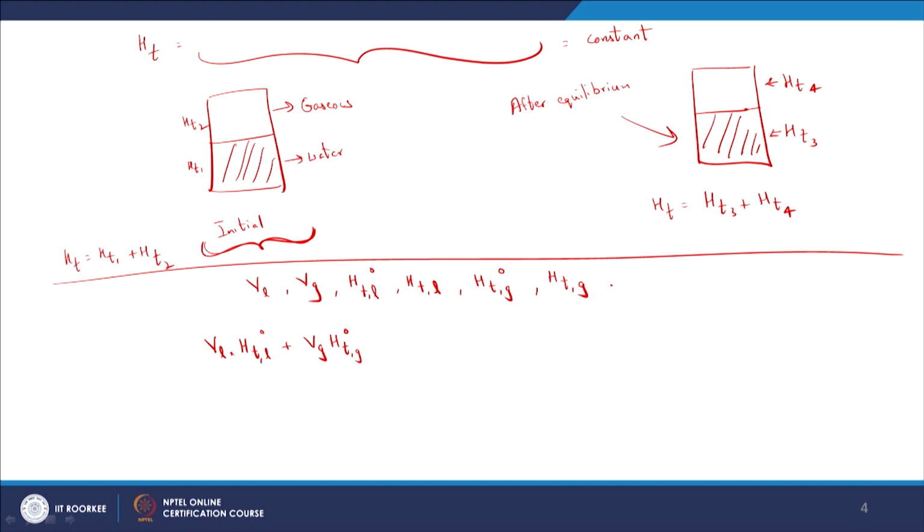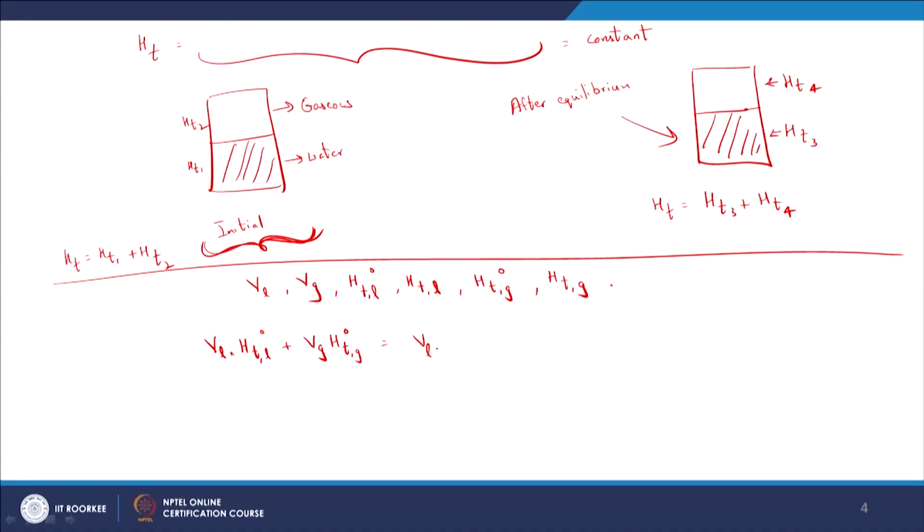So this is the initial condition that we just described, the total H in both the gaseous and aqueous forms. And what is that going to be equal to after equilibrium? Volume of the liquid times H total of the liquid after equilibrium, plus volume of the gas times H total in the gaseous phase after equilibrium. So this is what we have.